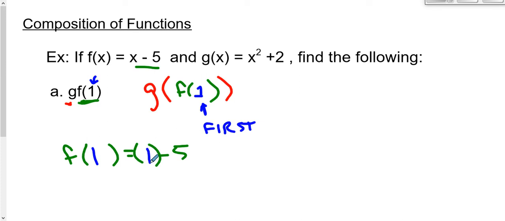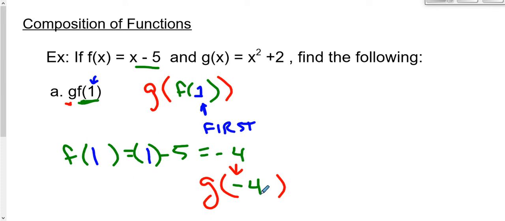So if I do 1 minus 5, I get the number -4, and that is f of 1. Now that has to get plugged into g of x. So whatever result I get from f of 1, that gets plugged into g of x, which means now I'm finding g of -4.